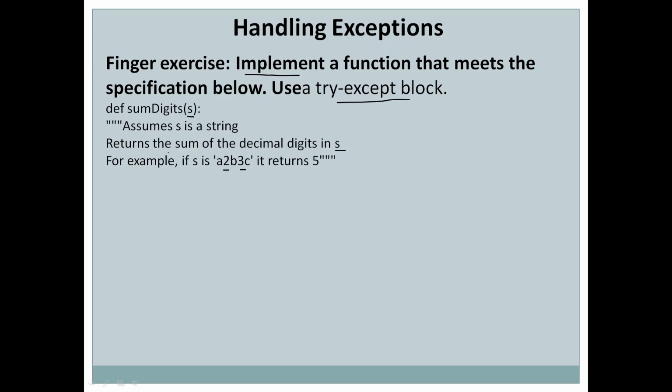Here only the specification is given, what should be there in the function, what we should do in the function, but you have to write the actual code to calculate the summation of decimal digits in s.